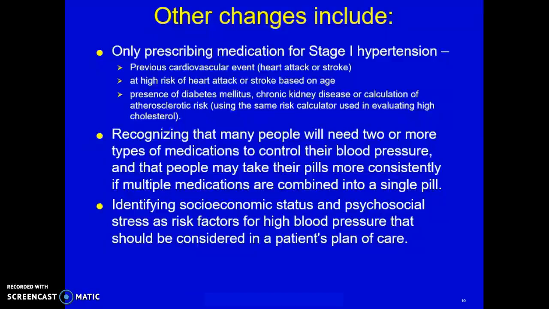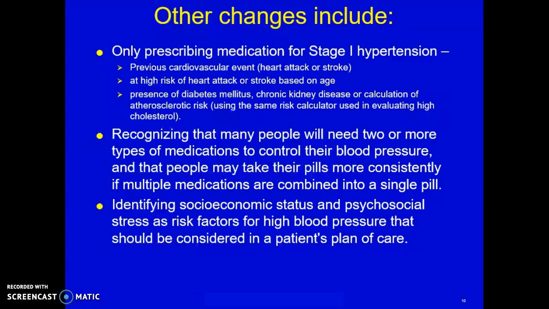And then there is a calculation that they can do related to their atherosclerotic risk using a calculator based on having high cholesterol. So it's not just totally medication based on numbers anymore. These other factors are utilized by doctors to make that decision.